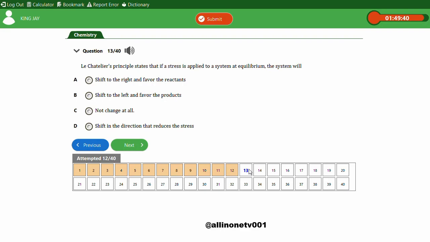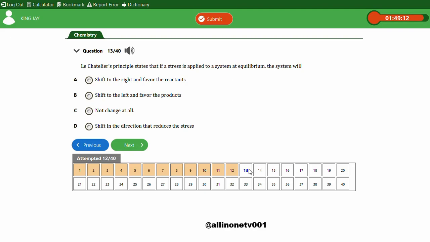Le Chatelier's principle states that if a stress is applied to a system at equilibrium, the system will shift itself in the direction that will reduce the stress or balance the system. So A, shift to the right and favor the reactant, no. B, shift to the left and favor the product.